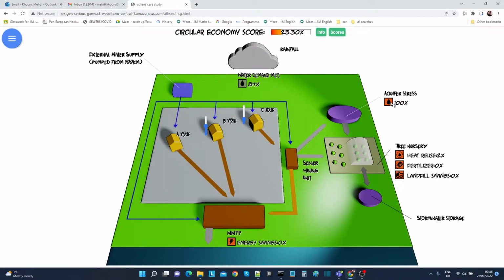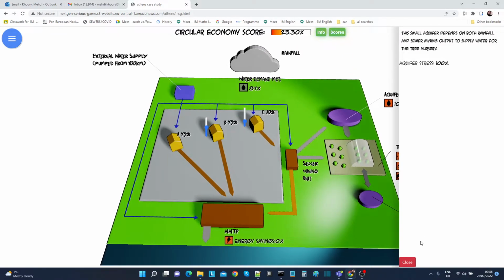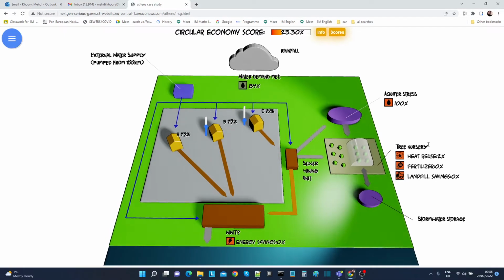We also look at the aquifer stress. So the aquifer depends on rainfall, but also the water that comes from the sewer mining unit. So if it's empty, then you're stressed at 100%.